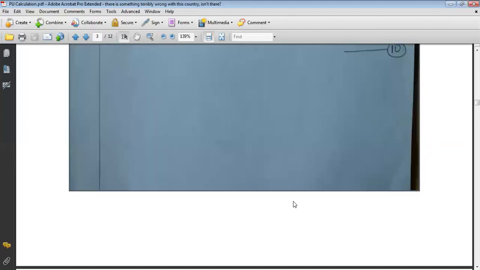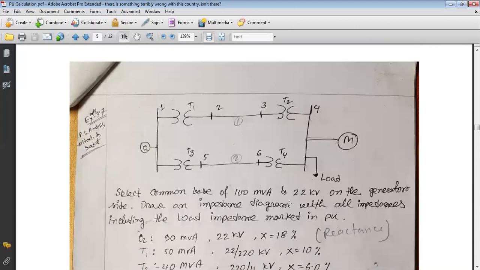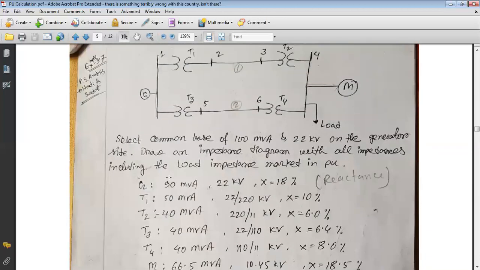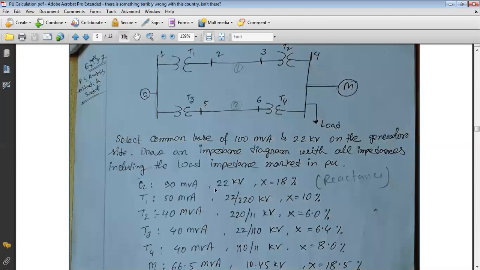So we have to apply this equation, because for every device the old voltage rating and power rating are given with the old reactance value. We have to calculate the new reactance value with the new power and new voltage rating.